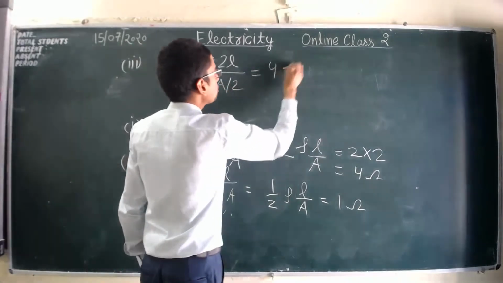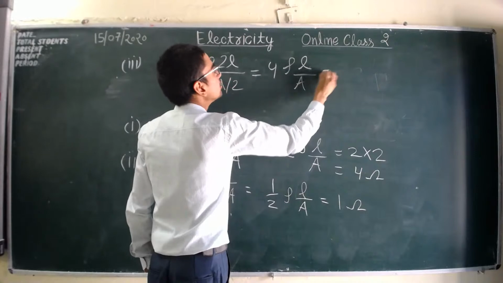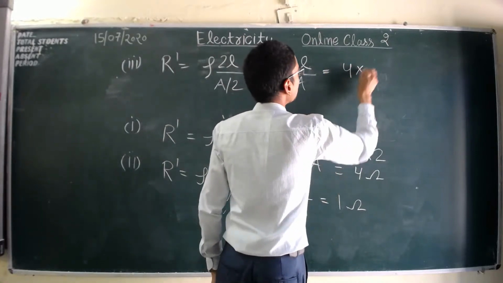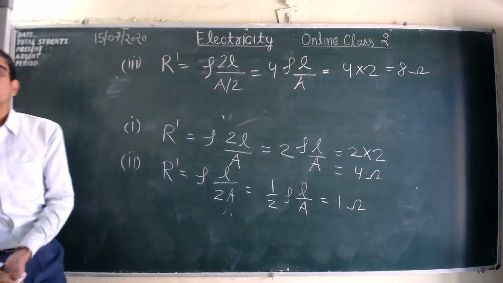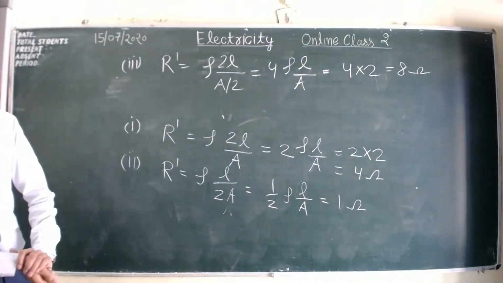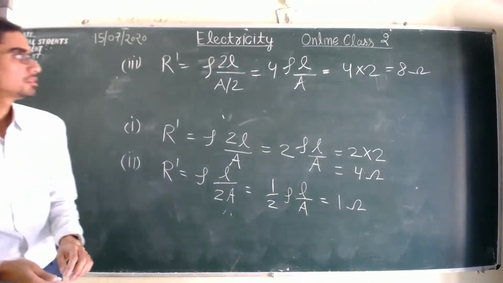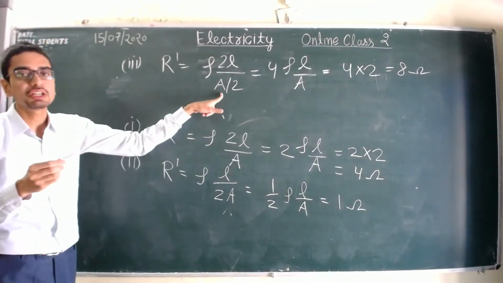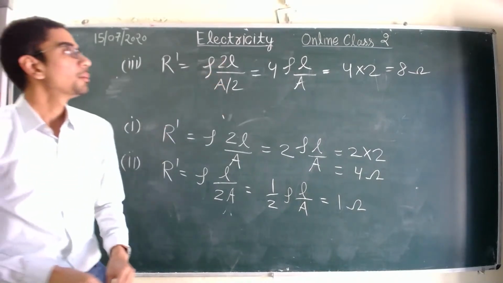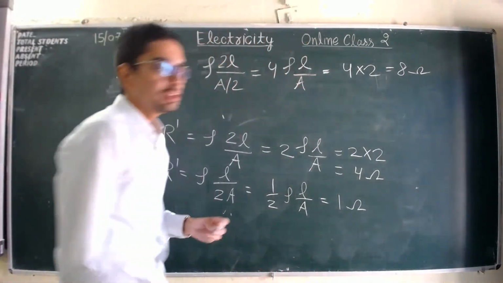It means 4 rho L by A, which gives us 4 into 2, 8 ohm. This was the third part of the question. Wire is stretched means its area of cross section has decreased and length has increased. If any doubt please ask.